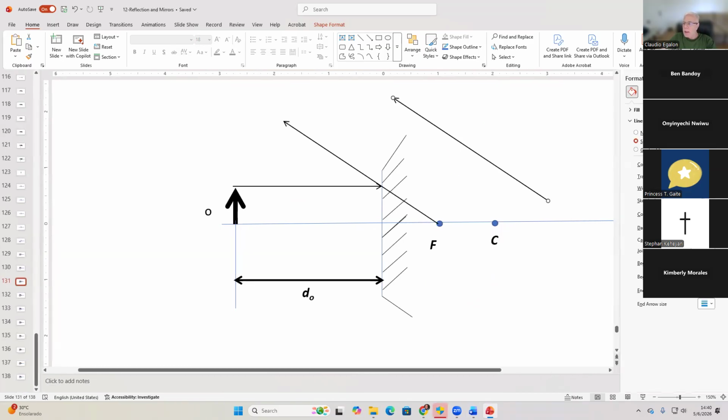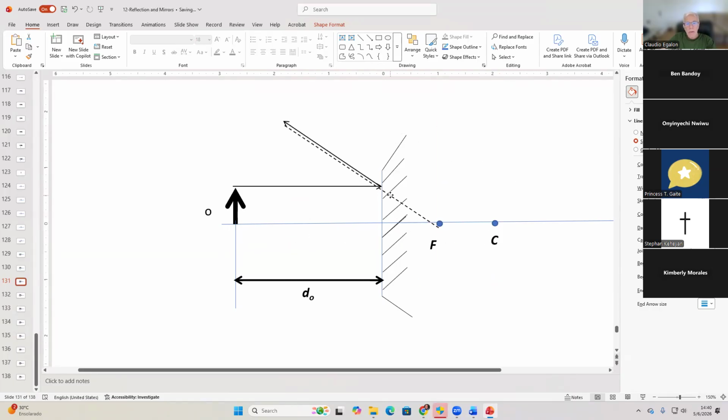In the format, I'm going to remove the arrow and dash it. This one here I must shrink.